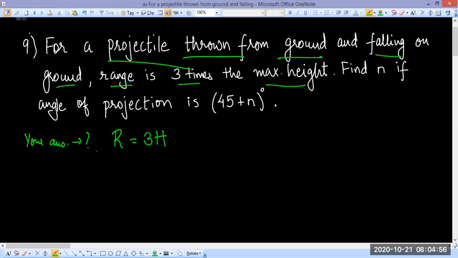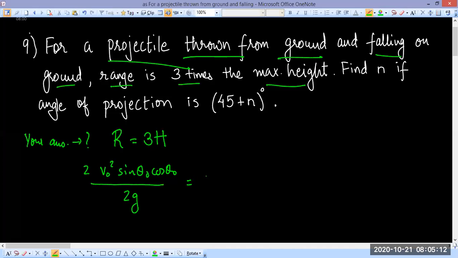Okay, so R, range formula, right? I hope everyone remembers the range formula. It is 2V0 square sine theta 0 cos theta 0 divided by g. That is range.